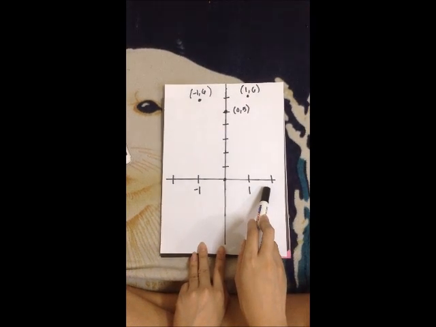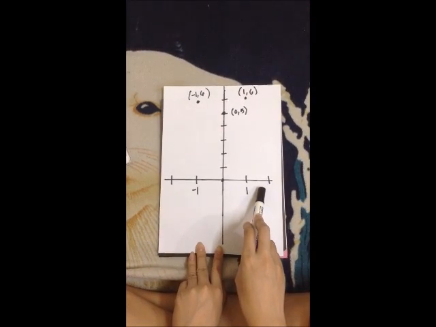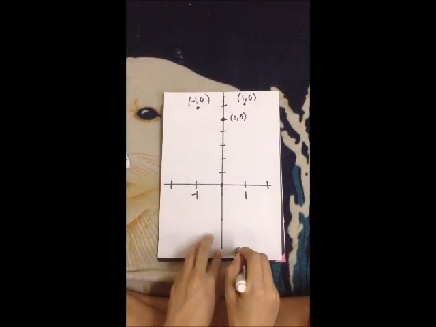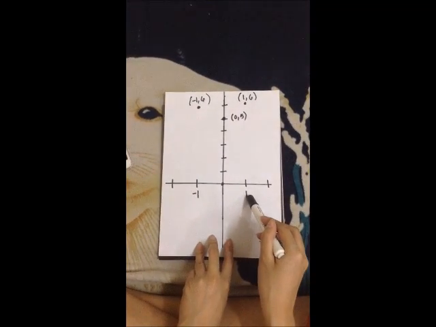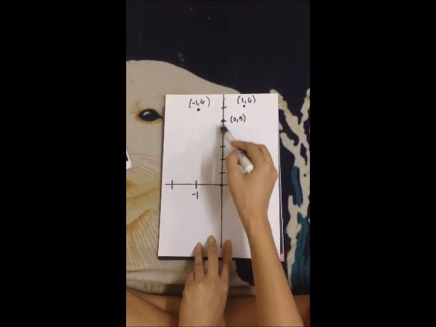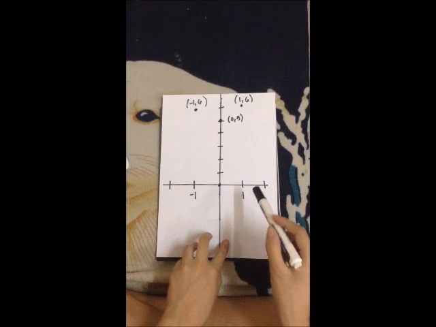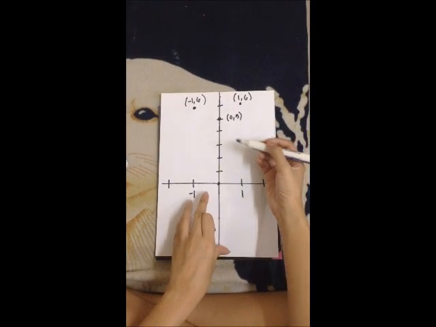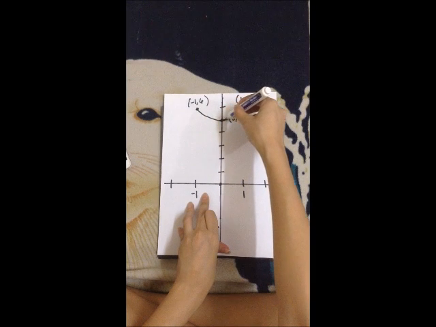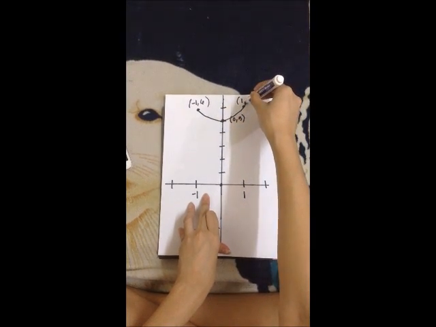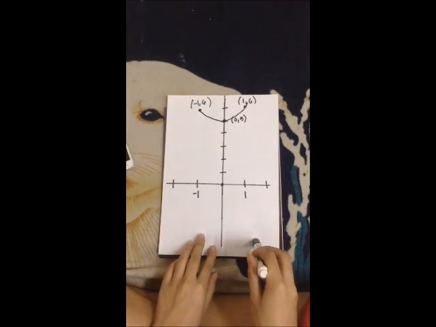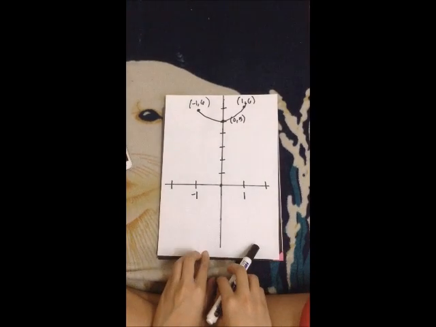And since +6 is positive, it goes upward on the y-axis. 1 for the x-axis and 1, 2, 3, 4, 5, 6 for the y-axis. And then we're going to create a parabola, and that's its graph in the Cartesian coordinate plane.